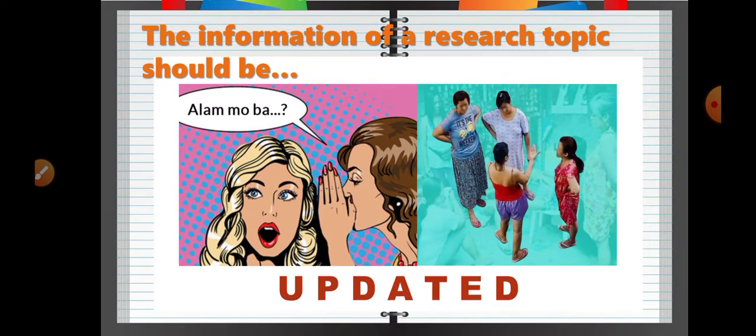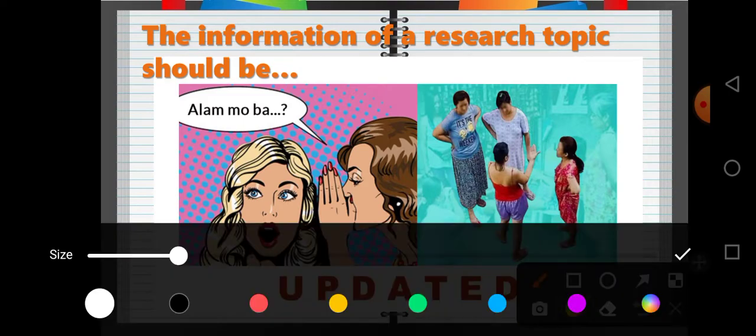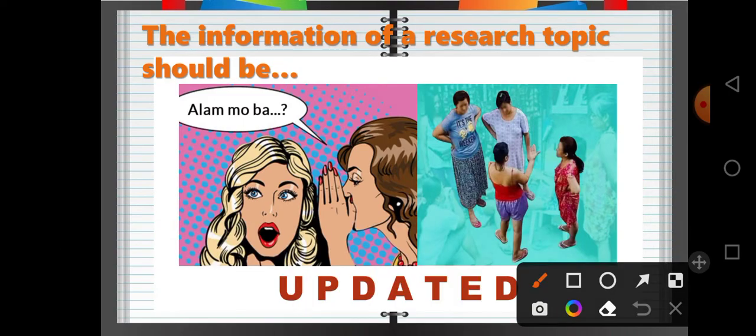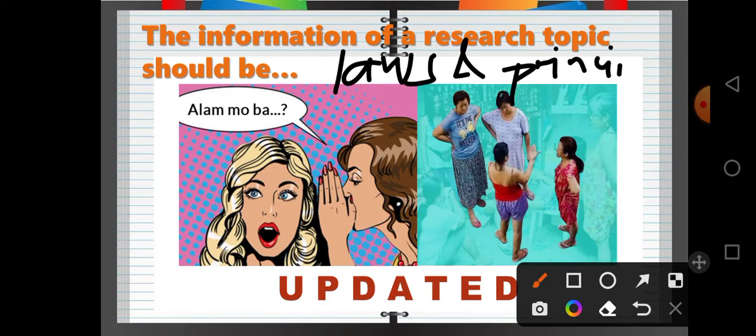However, there is an exemption to the rule. There are some information that were published long ago and are considered obsolete, however, they are still applicable in the present time. And that information actually pertains to the different laws and principles. So what are the different laws and principles that were published long ago, however, are still applicable in the present time?